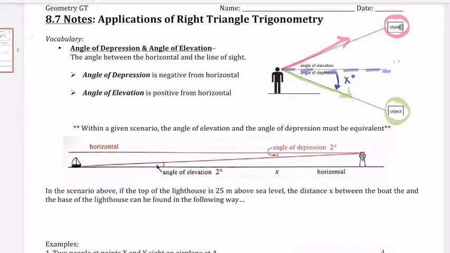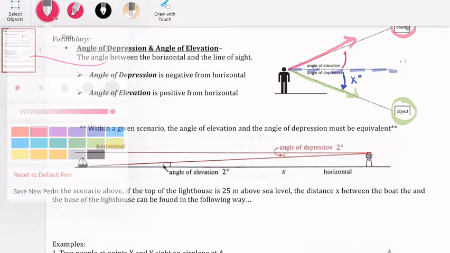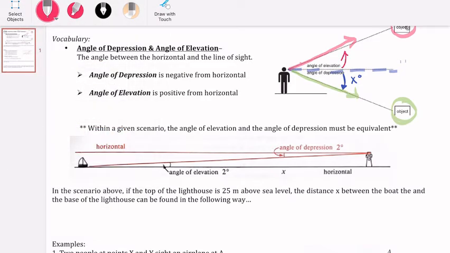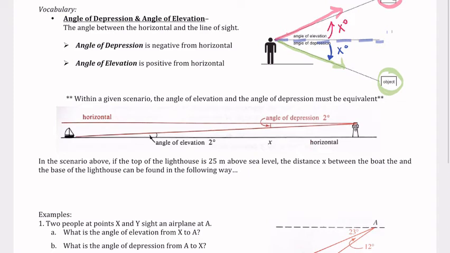This is also going to create an angle, except this is an angle of elevation. Again, they went from their horizontal and looked up and created an angle of elevation. Within any given scenario, an angle of elevation and an angle of depression must be equivalent.